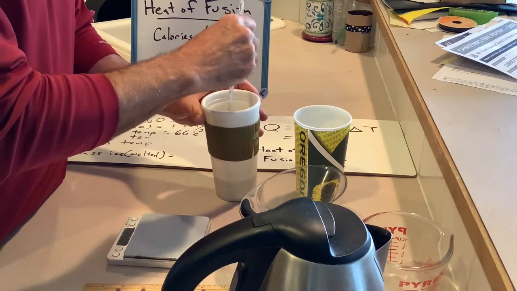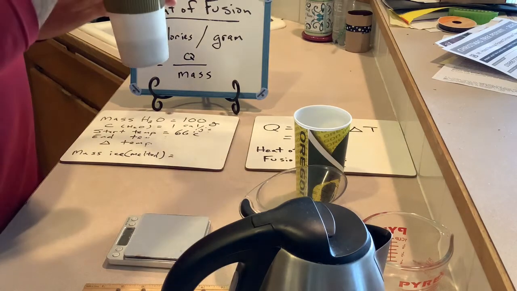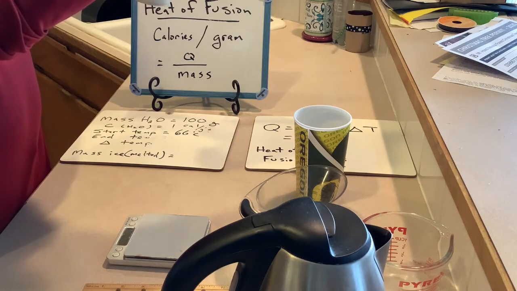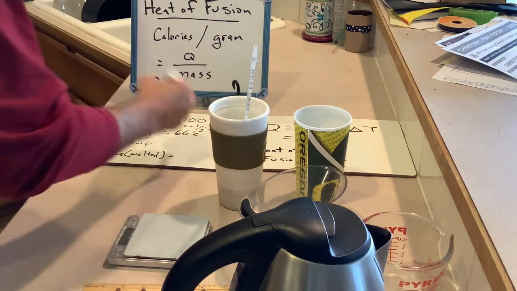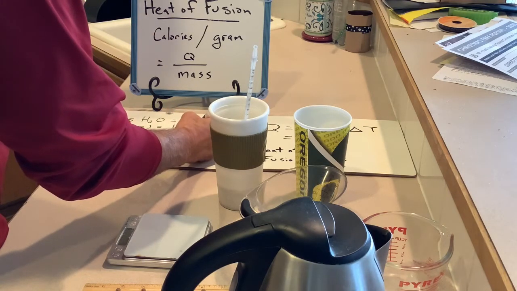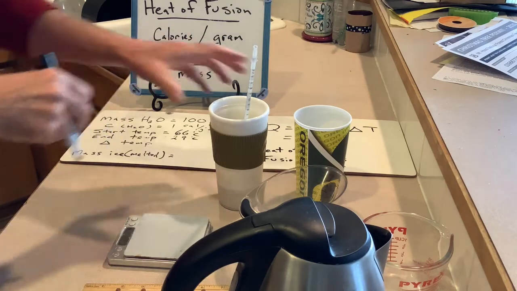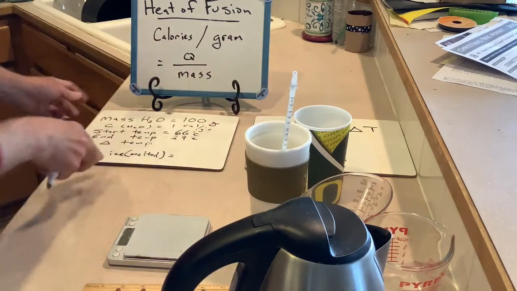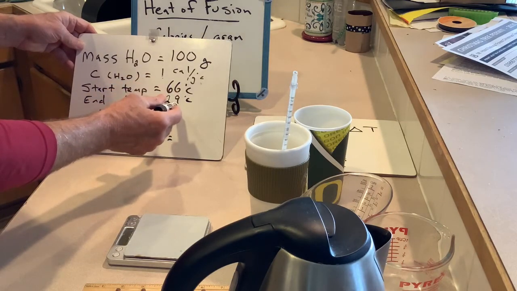But it is all melted right now, and the temperature is at 29 degrees Celsius. So what we want to know, of course, is the change in temperature. It went from 66 to 29.